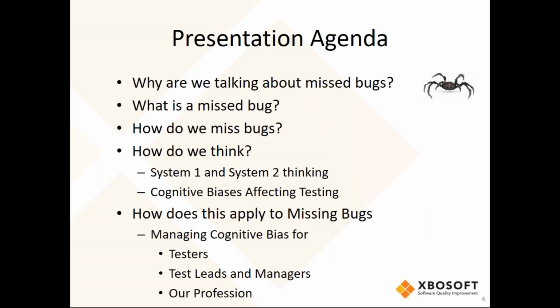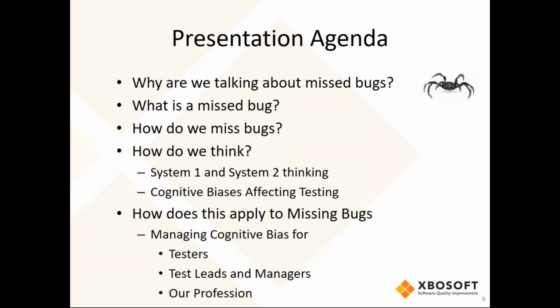Thank you. So, I just put together a little agenda here. Why are we talking about missed bugs? That's always kind of a sore spot, I think, among testers and test managers and project managers, and about anyone else who is affected by them. We'll talk about what is a missed bug, how we miss them, and then we'll get into how we think, and you'll get a connection to that as we go along.